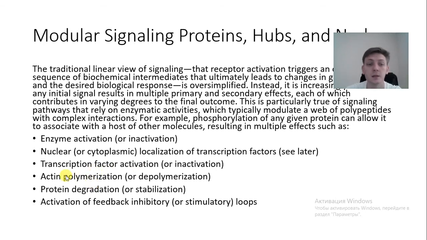Actin polymerization or depolymerization. Actin is a part of the cytoskeleton, and we control the shape of the cell with the help of the receptors. For example, in smooth muscles, as I noted before, nitric oxide can change the actin polymerization complexes, which leads to contraction, but in the case of nitric oxide, relaxation of smooth muscles, with the help of depolymerization.